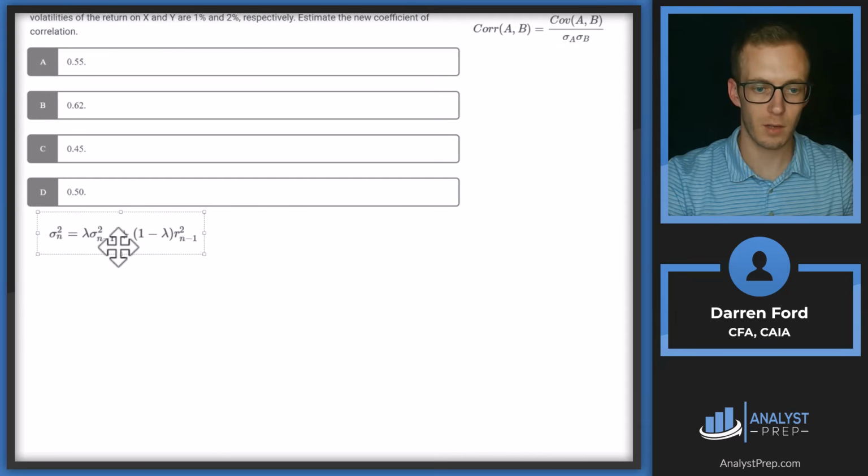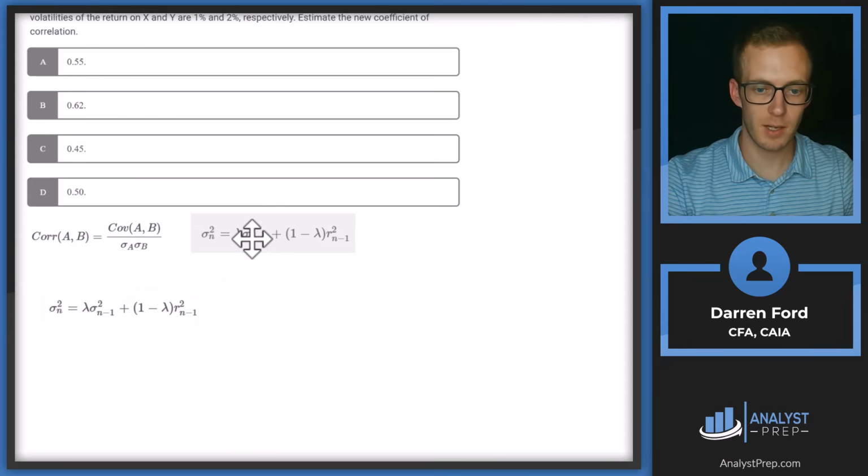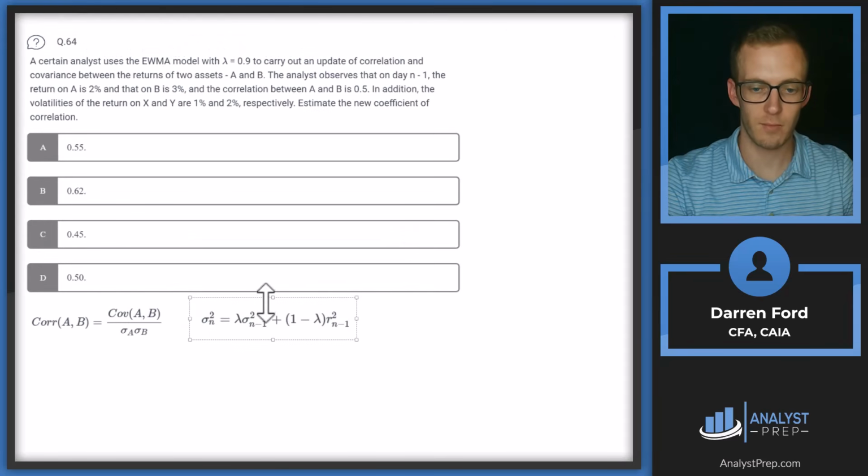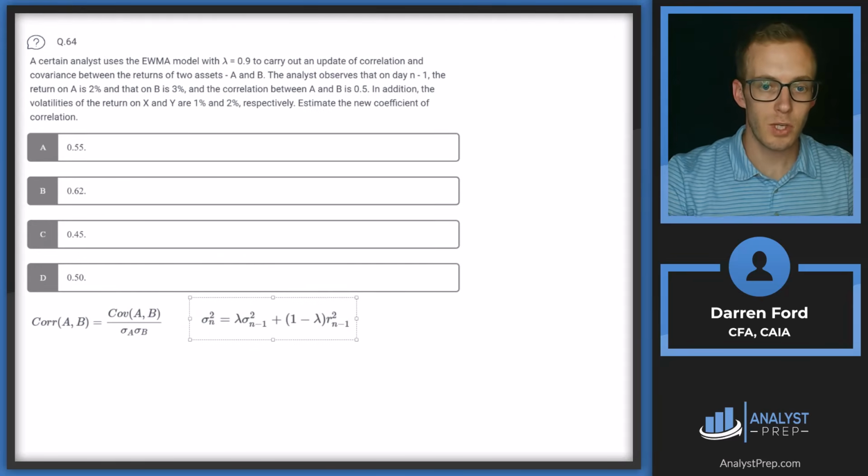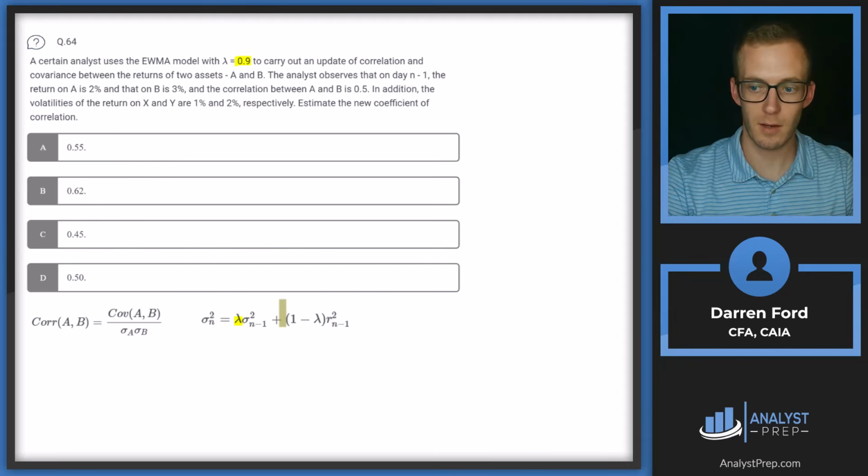So starting out, let me bring all this over. This is going to be the formula we're going to be using for our updated volatility. For our updated volatility, we're going to be taking lambda, which is given at 0.9, and then multiplying that by our previous standard deviation, which is given at 0.01 for X and 0.02 for Y, sorry.